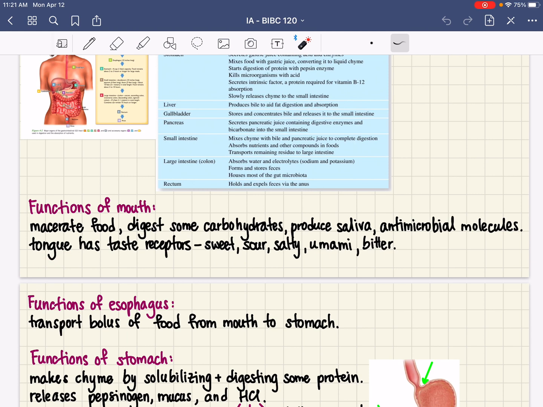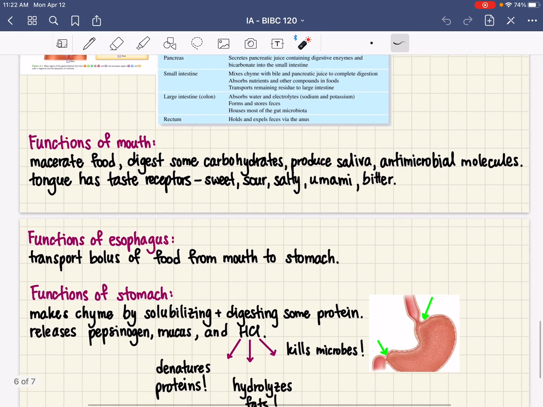The five that we are focusing on in this class are sweet, sour, salty, umami, and bitter. And an important part about the taste receptors is that every taste bud has different types of taste receptors within one taste bud. So that gives us a really cohesive understanding of what we are tasting.